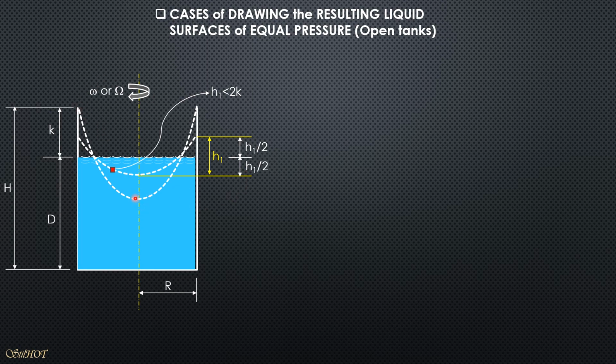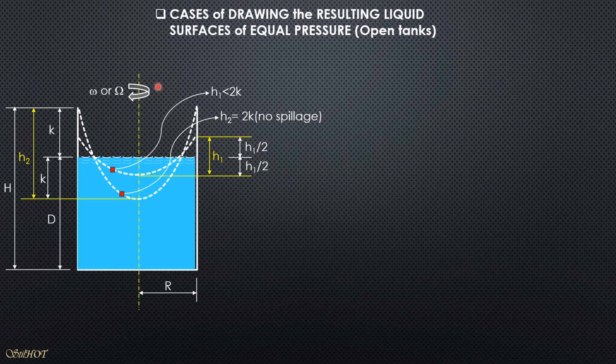So this is the parabolic surface of height equal to 2k by principle because no liquid is spilled yet, such that we can compute the maximum angular speed without spilling any liquid. The height is denoted by h2 and this distance is also k. So that's why h2 is equal to 2k. No spillage for that case.